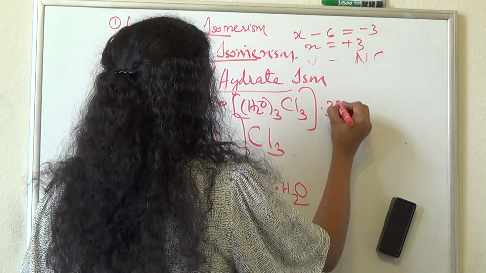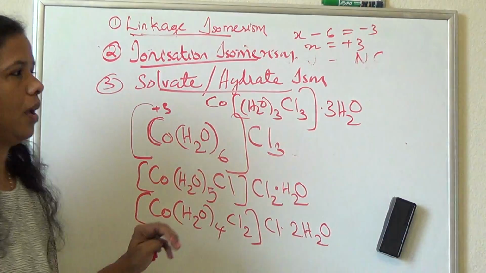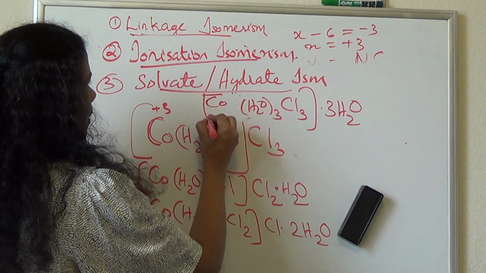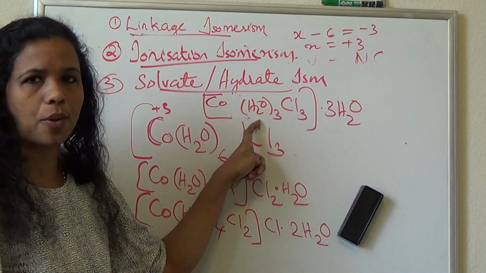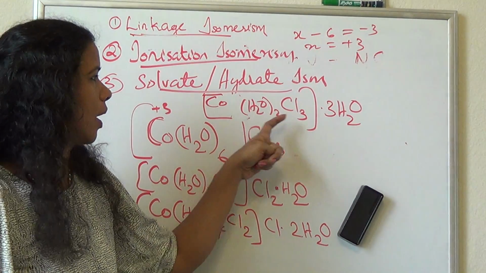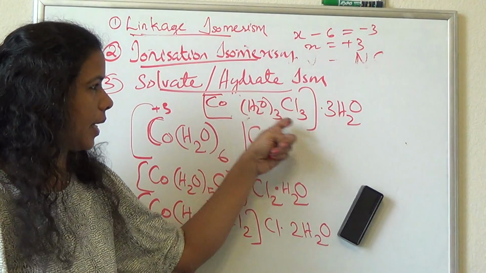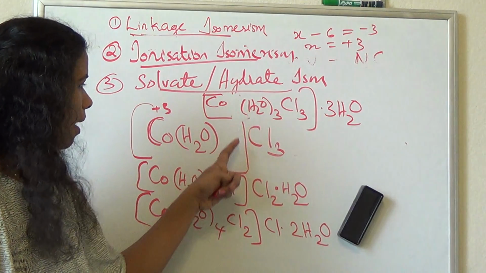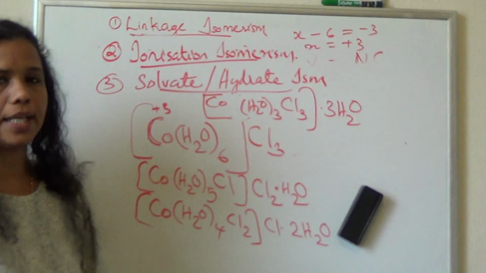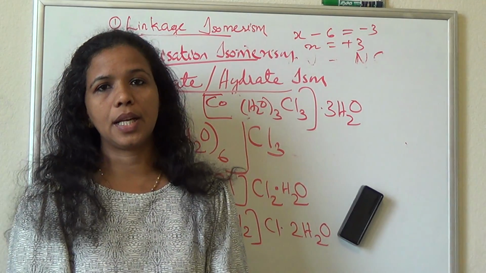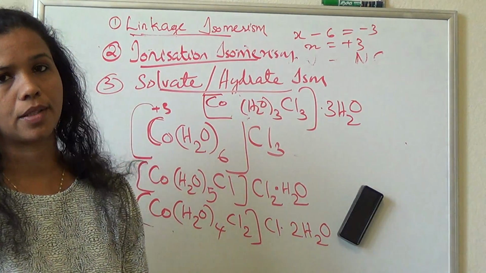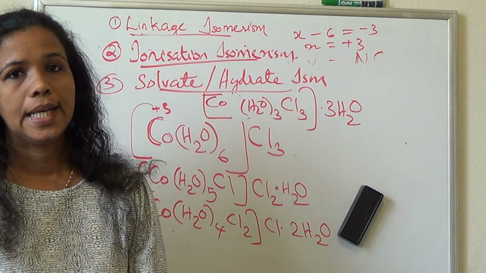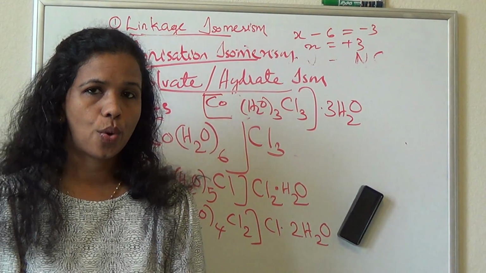So remaining there is 3 H2O. So its name is triaquatrichlorocobalt 3 trihydrate. So these are the examples of hydrate isomers. So hydration isomerism or solvation isomerism is shown by complexes which differ in the water molecule inside and outside of the coordination sphere.